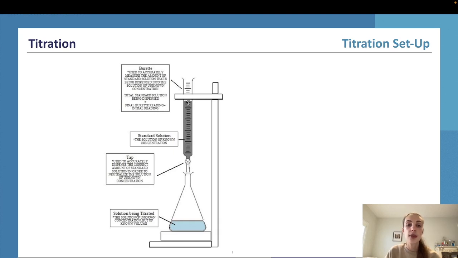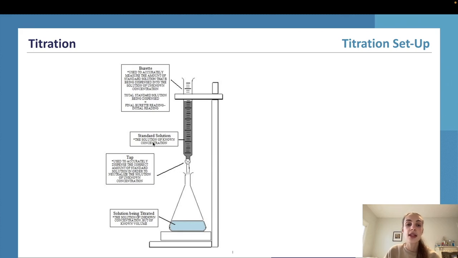So for example, say we start off with 50 mL of titrant in the burette, and then if the endpoint and the equivalence point is measured to be at 20 mL on the burette, then we can say 50 minus 20 is going to mean that we've had 30 mL of the titrant used. And so that would be the total amount of the standard solution, or the total amount of the titrant, which has been dispensed.